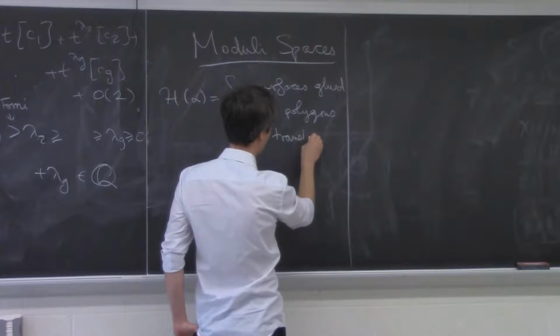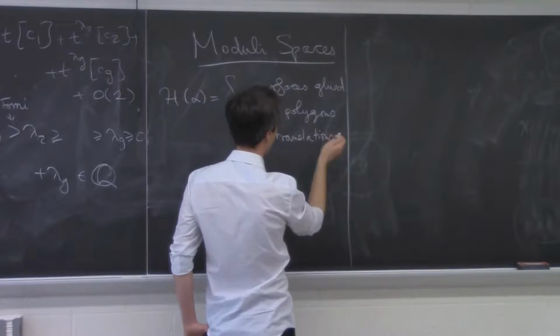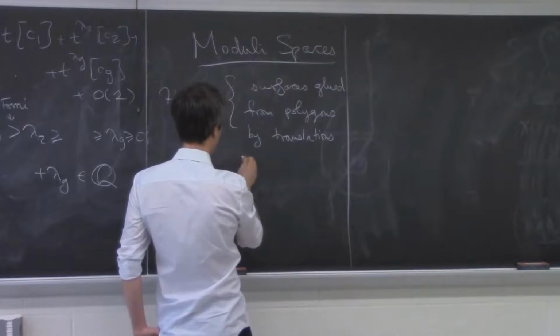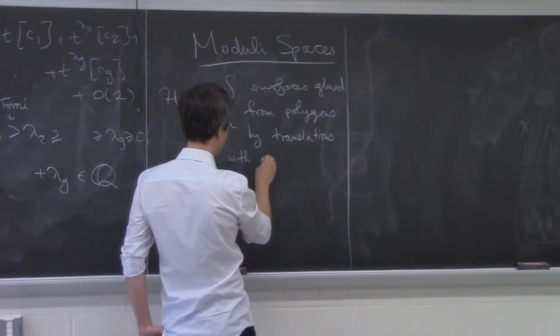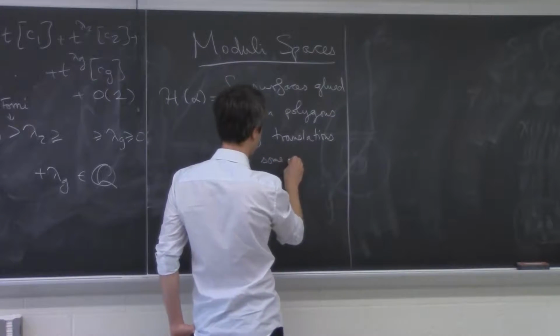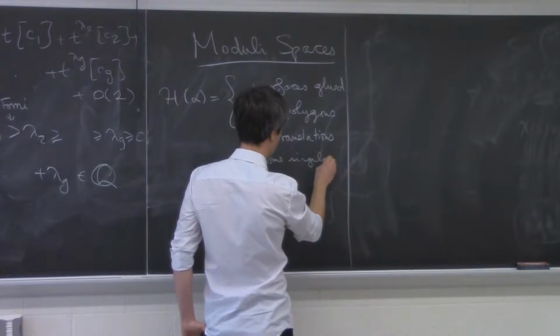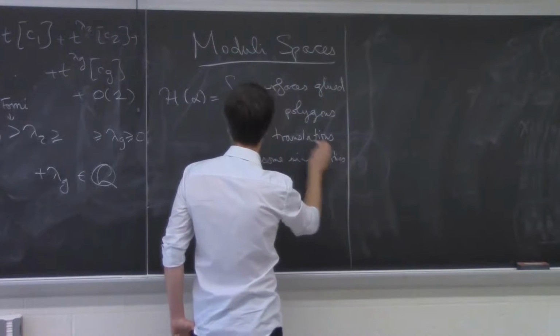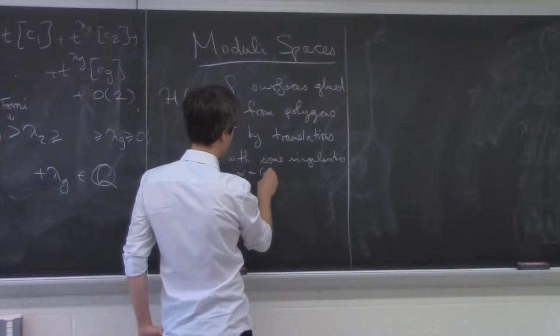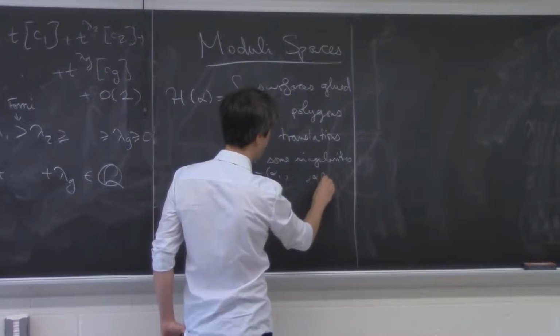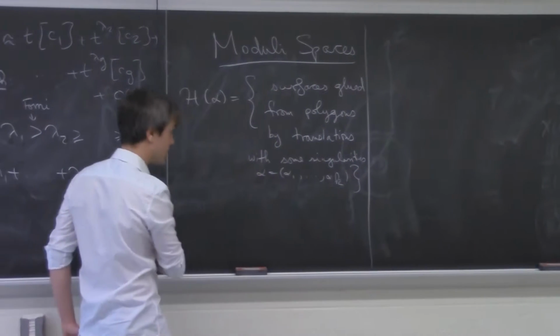So you're not allowing any kind of gluing, but only translations, and with some singularities allowed. So this alpha is alpha 1 through alpha k, which will describe the kind of singularities which you allow.